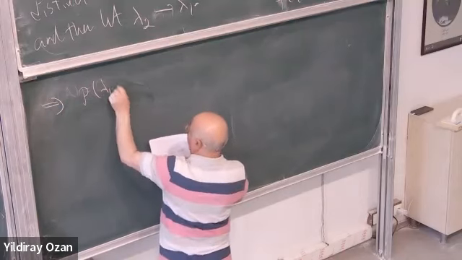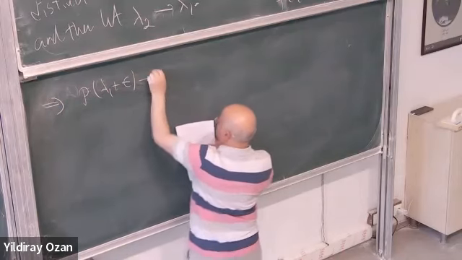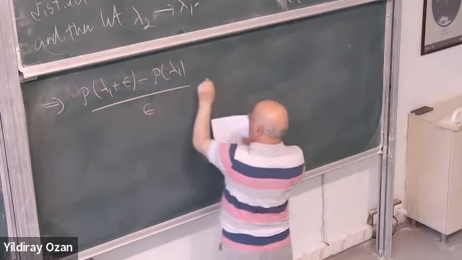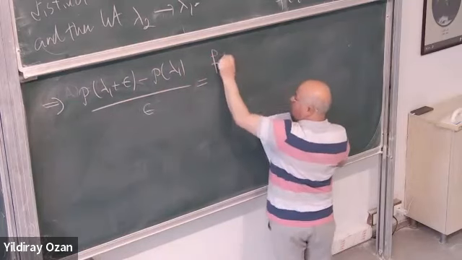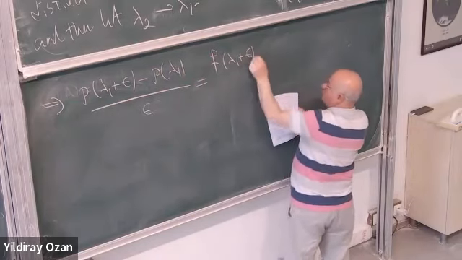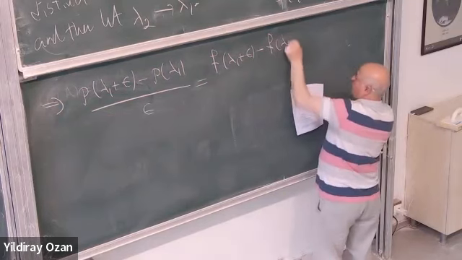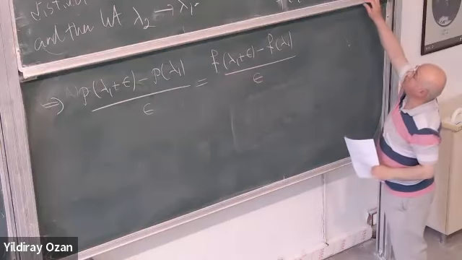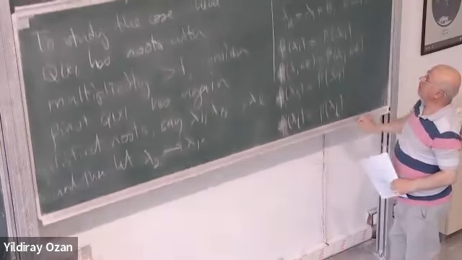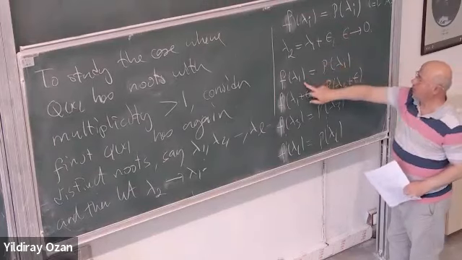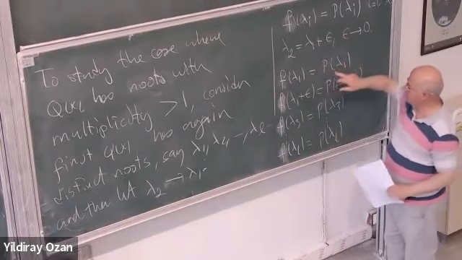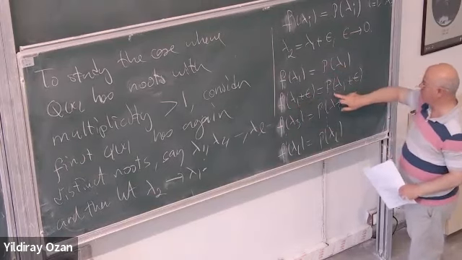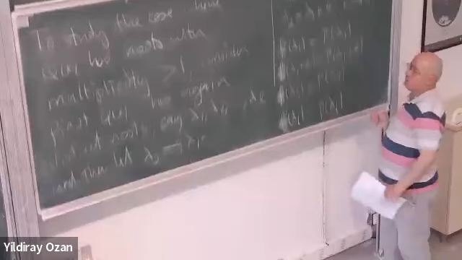F of lambda 1 plus epsilon minus F of lambda 1, divided by epsilon, is just P of lambda 1 plus epsilon minus P of lambda 1, divided by epsilon, because F of lambda 1 is P of lambda 1, and F of lambda 1 plus epsilon is P of lambda 1 plus epsilon.